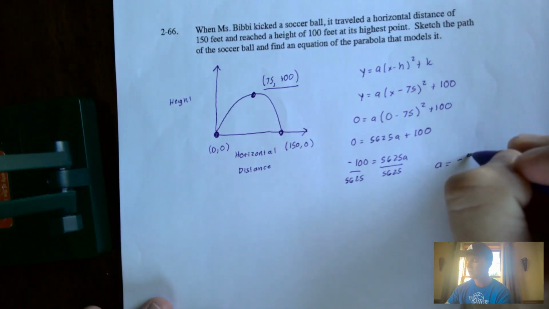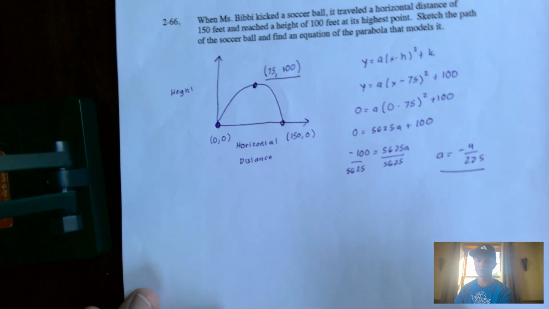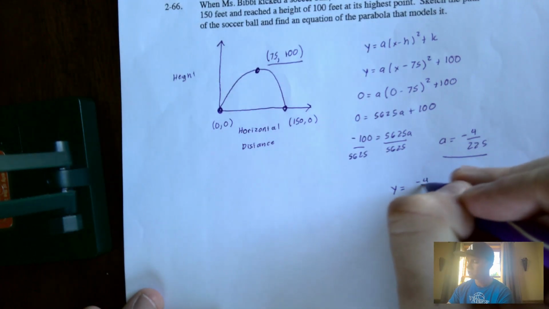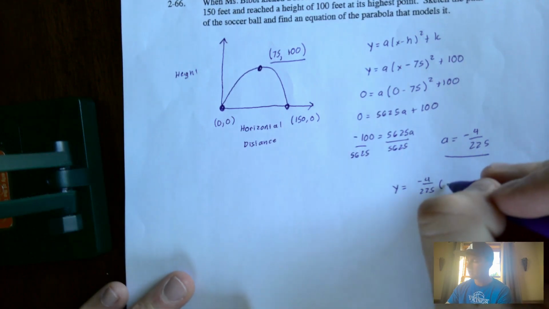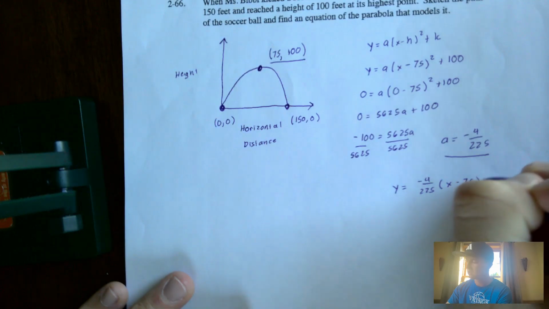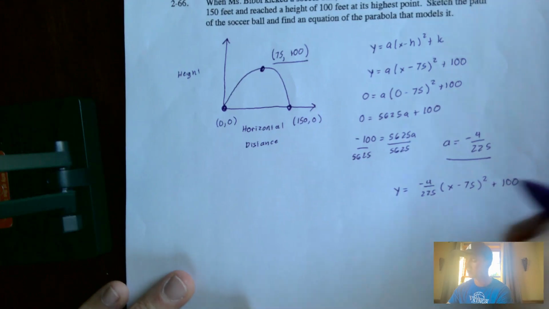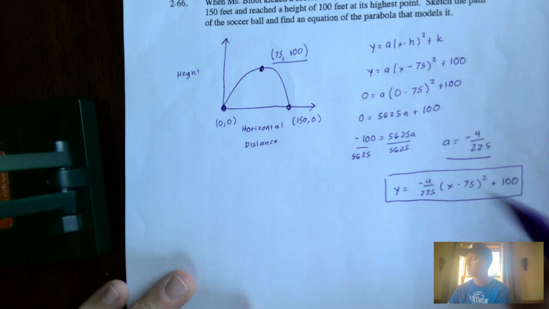So therefore, we write it out. y is equal to negative 4 over 225 multiplied by the quantity x minus 75 squared, and then plus that k value of 100. So here is my final form for that vertex there.